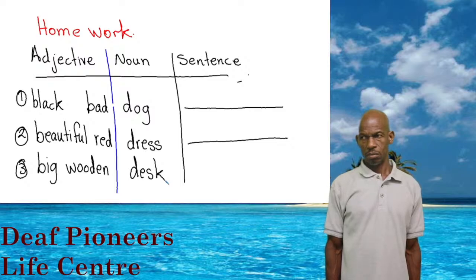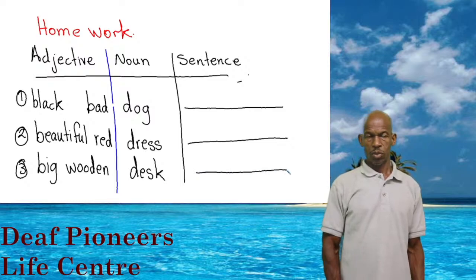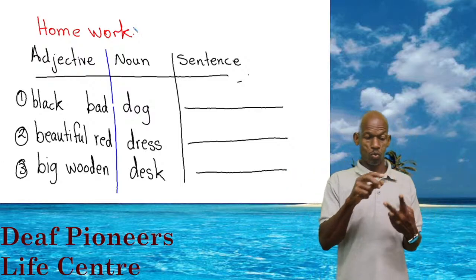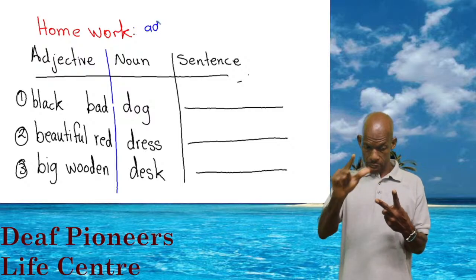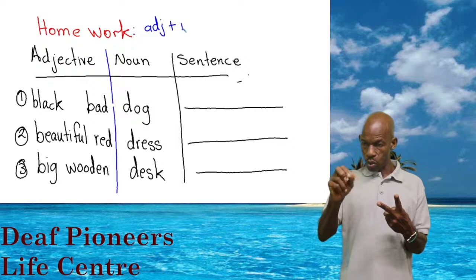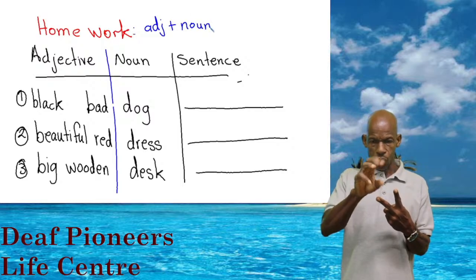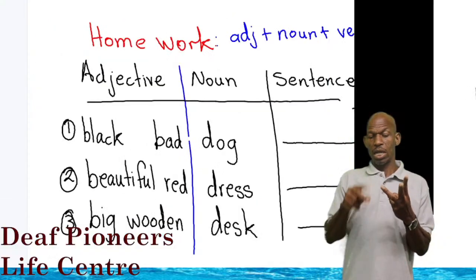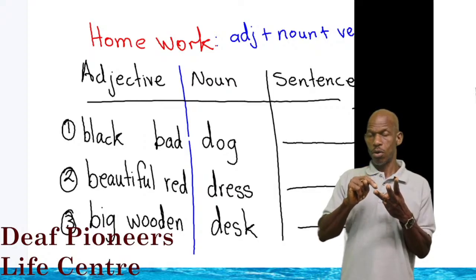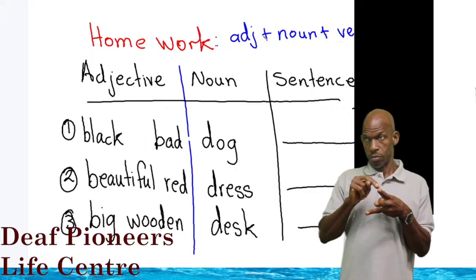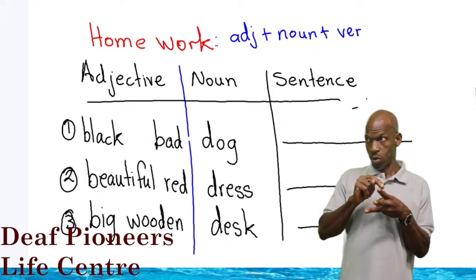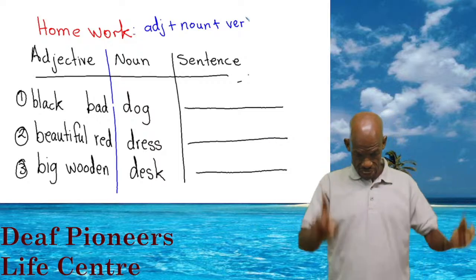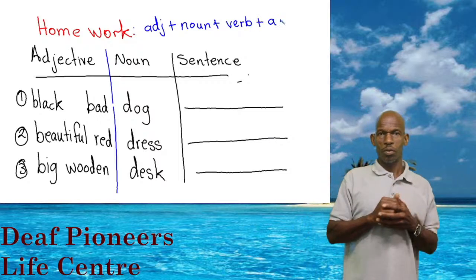I want a sentence. And the sentences, remember the order of the words of the sentences. I want adjective plus noun plus verb plus adjective.